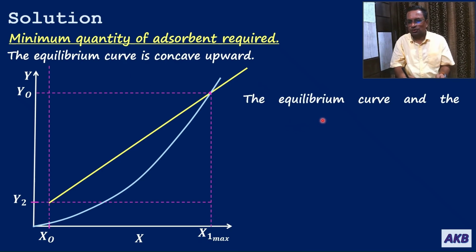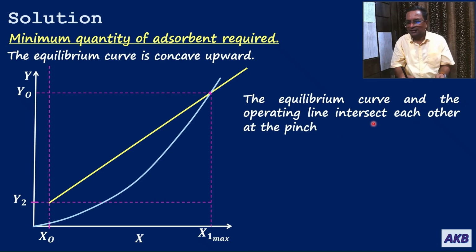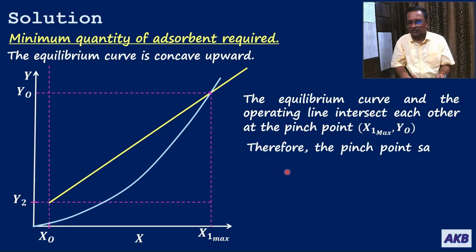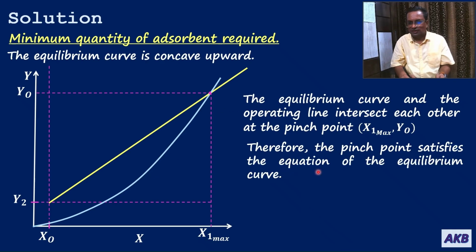required. The equilibrium curve and the operating line intersect each other at the pinch point. What are the coordinates of this pinch point? x1 max, y0. Therefore, the pinch point satisfies the equation of the equilibrium curve. What is that equation?